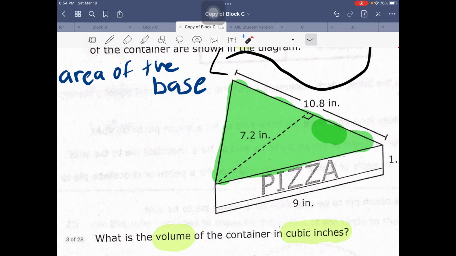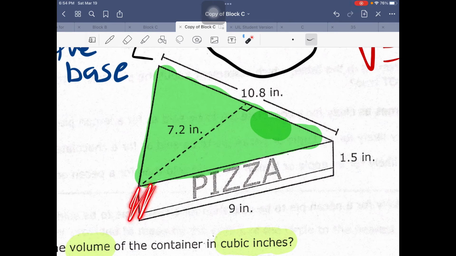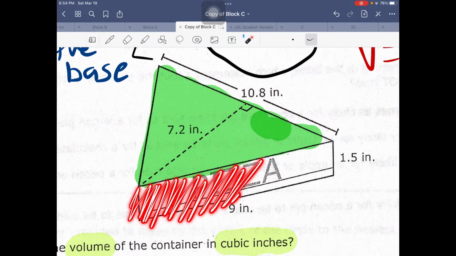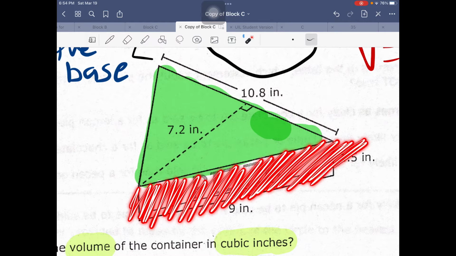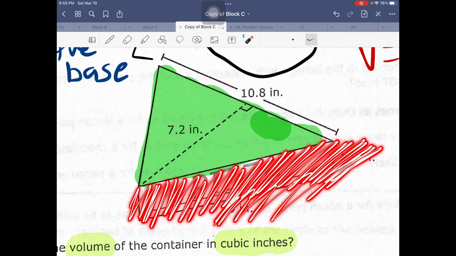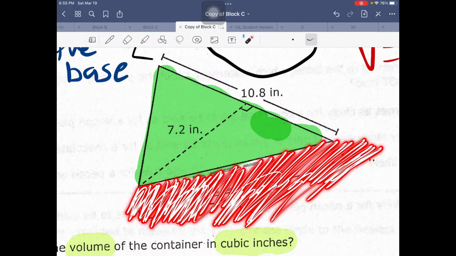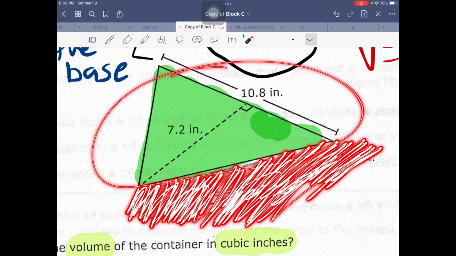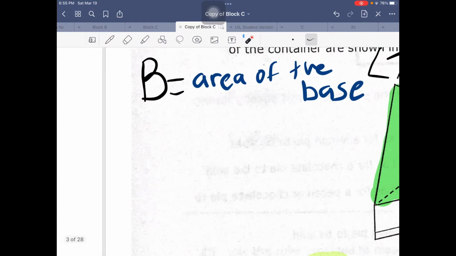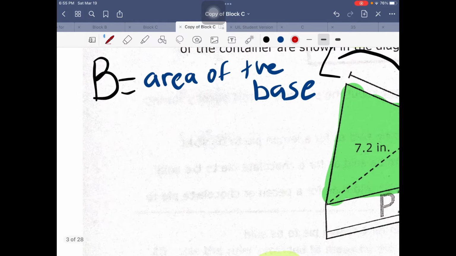How do we find the area of the base? Pretending that this does not exist. This is not a part of it. For right now, we only want the area of the green. Only want the area of the triangle. How do we find the area for this triangle right here? Well, what's the formula?